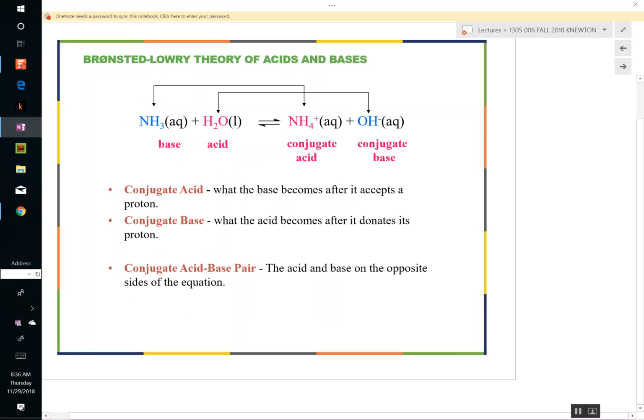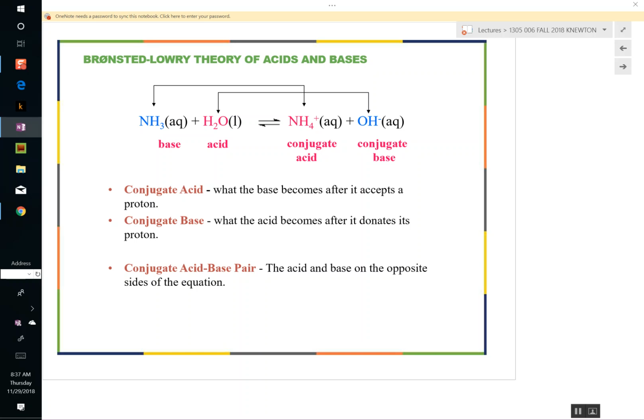And here's the terminology of a base, conjugate acid, acid, conjugate base. Just think of those two things as associated, but they're the opposite. This is your proton donor. This can be a proton acceptor. Hydroxide ion is not going to donate another proton, but it could accept one.